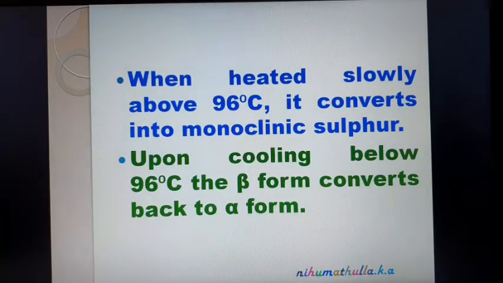Upon cooling below 96 degrees Celsius, the beta form, the monoclinic form, converts back into the alpha form.